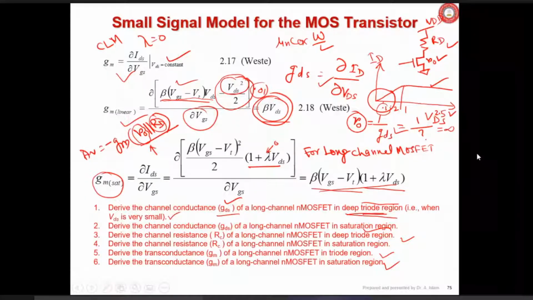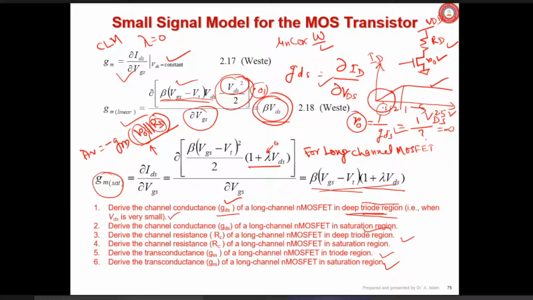It means when VDS is very small. If you go to a higher side and increase the VDS, then it will approach the saturation region.